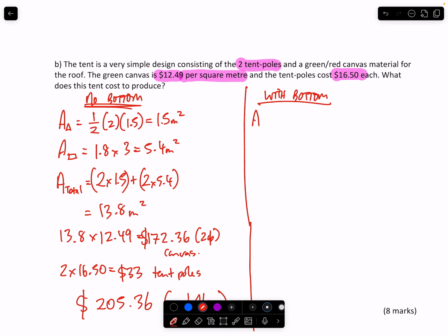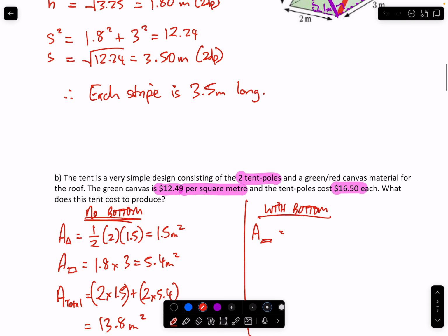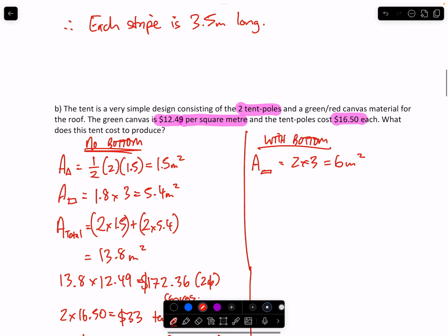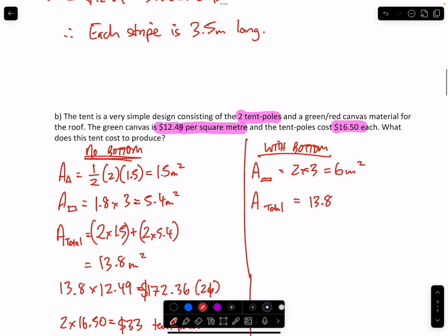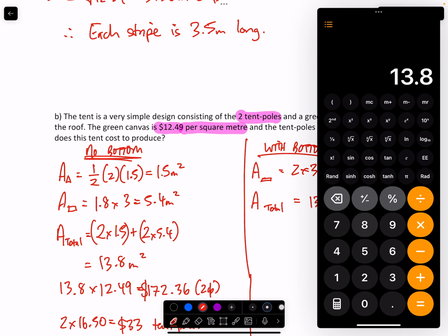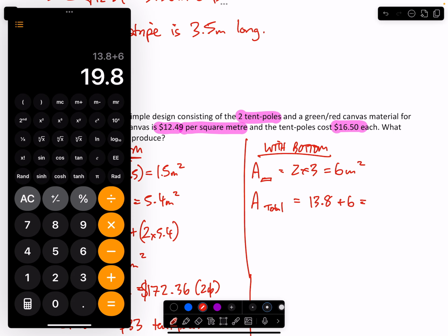The only extra thing I need is the rectangle on the bottom, which is 2 by 3, equal to 6 square meters. So the total area now is the 13.8 from before, which was the sides and the front and the back, plus 6. 13.8 plus 6 is 19.8 square meters.